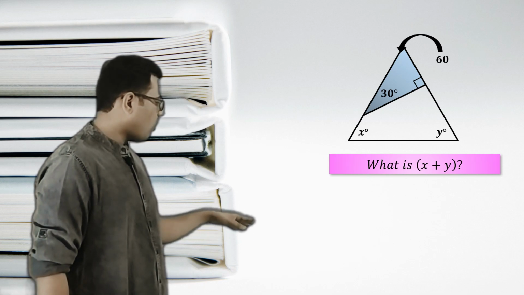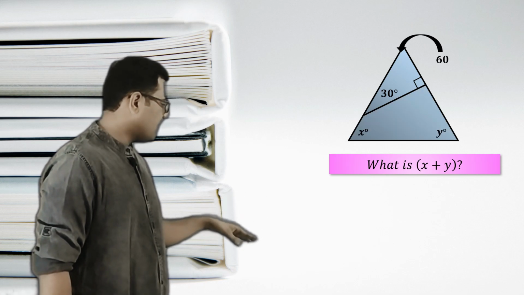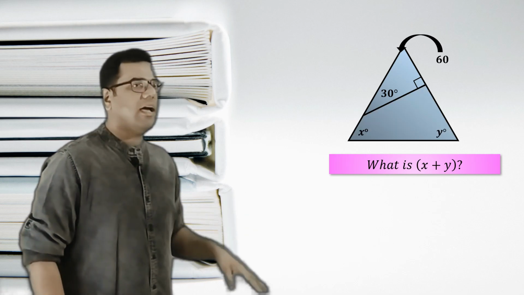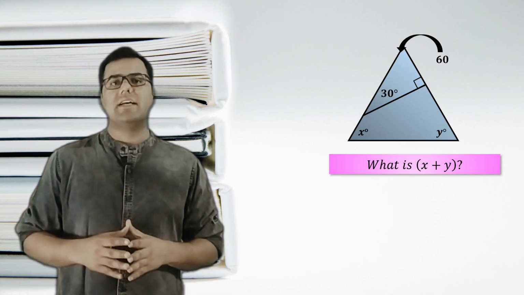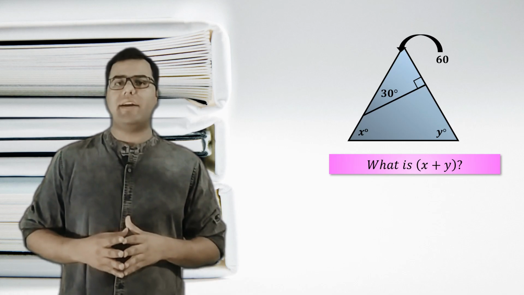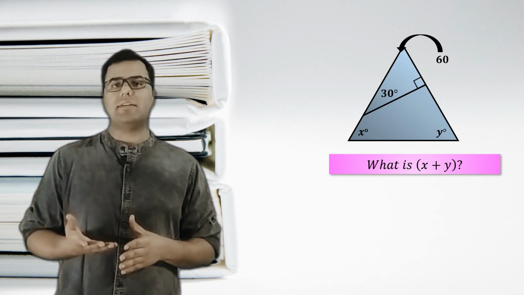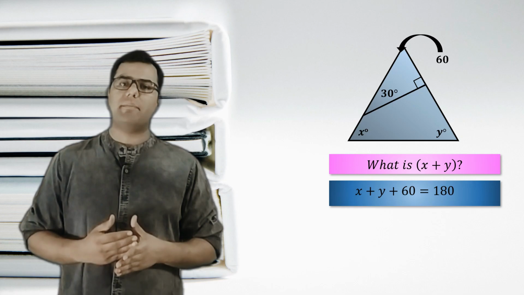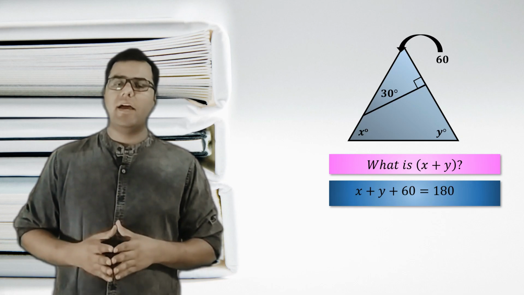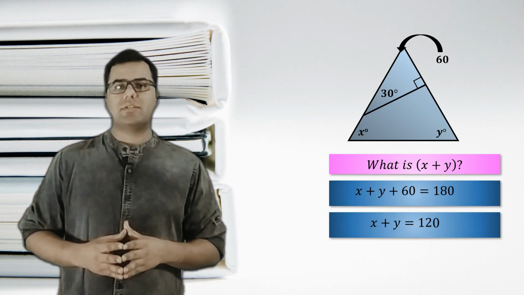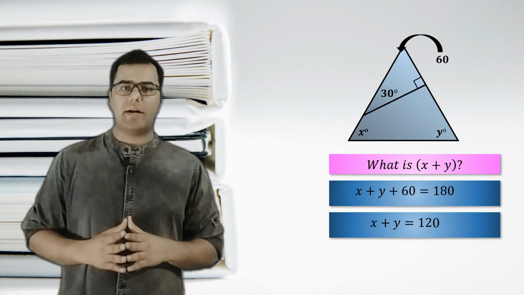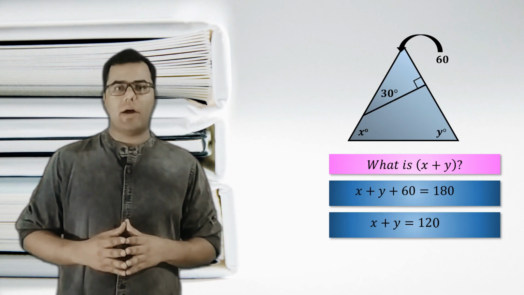Now concentrate on this bigger triangle, and again apply the same theorem, that the sum of all interior angles equals 180 degrees. One angle is X, another angle is Y, and another angle is 60. So X plus Y plus 60 equals 180, or you get X plus Y equals 120. So that's the value of X plus Y.